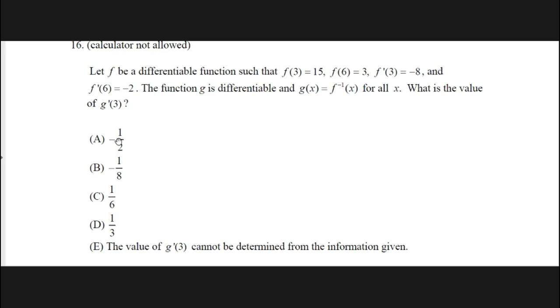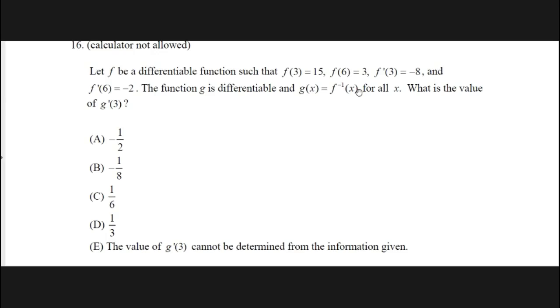So 16 was A. I don't know what our most frequently answered one was, but again, we have a differentiable function. We have f of 3, f of 6, f prime 3, and f prime 6. And it says, what is the value of g prime 3? So this is just our inverse formula. So g prime 3 is 1 over f prime of g of 3.